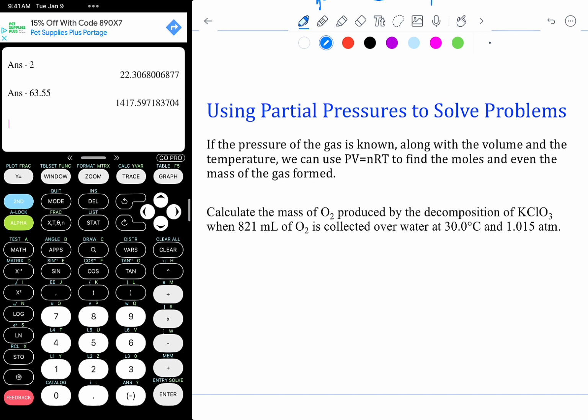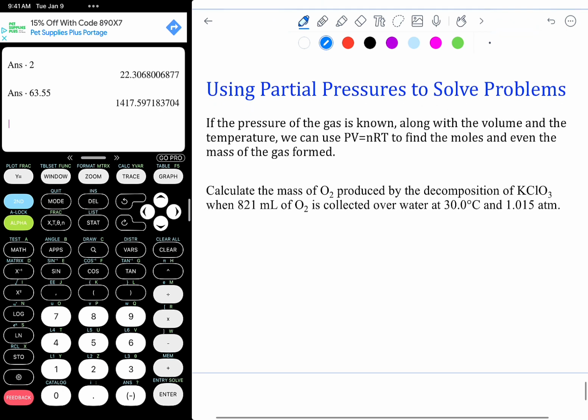So let's try that for the reaction that we just saw. We want to calculate the mass of oxygen produced by the decomposition of KClO3 when 821 milliliters of oxygen is collected over water at 30 degrees C and 1.015 atm.